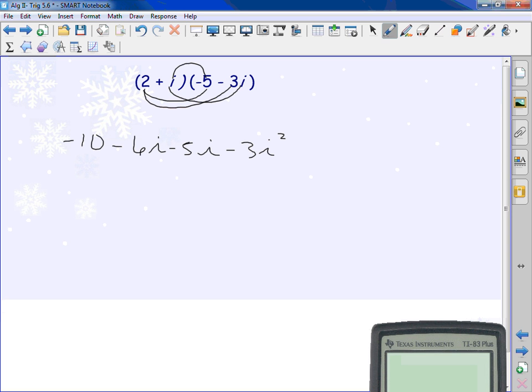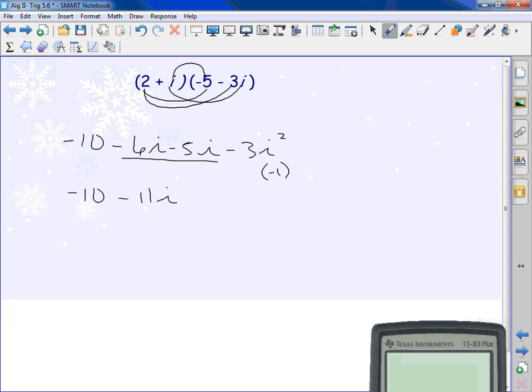All right, I have negative 10. What's negative 6i, negative 5i? Negative 11i. Now I have negative 3i squared. What did I tell you i squared means? Negative 1. i squared means negative 1.